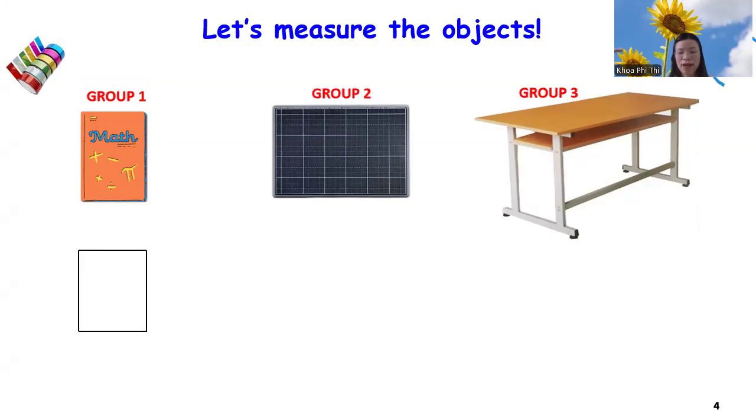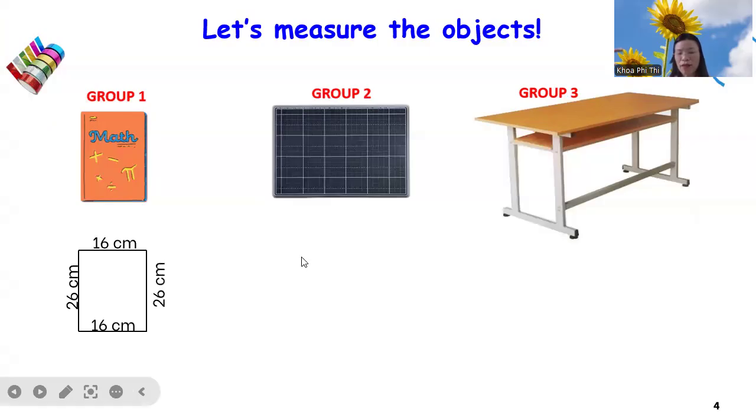So I'm going to write 16 centimeters here, and the opposite side is 16 centimeters too. Then what is the length? 26 centimeters, right? Here, and the opposite side also 26 centimeters. Good job, group 1. You did very well.